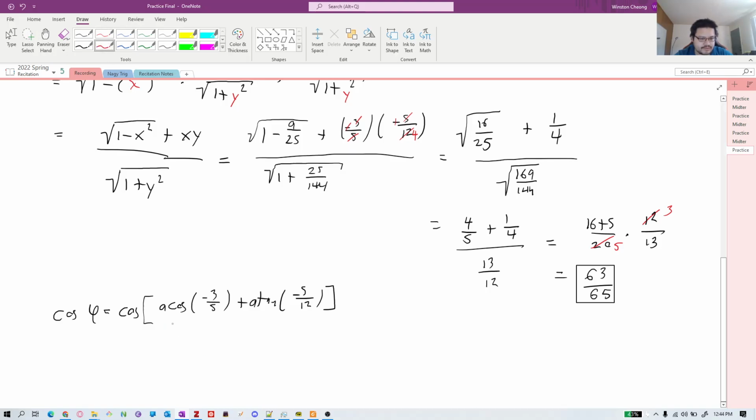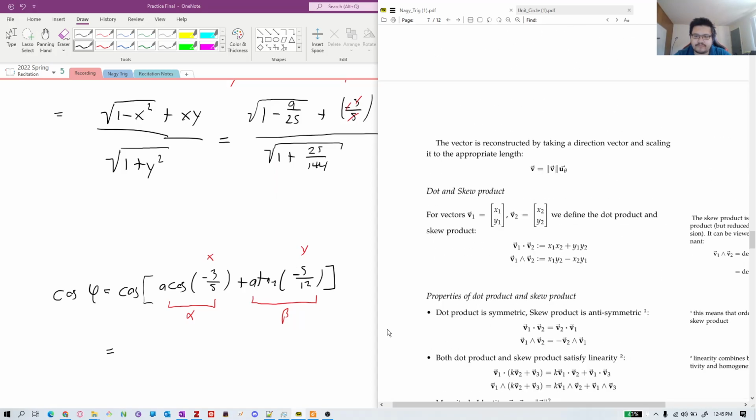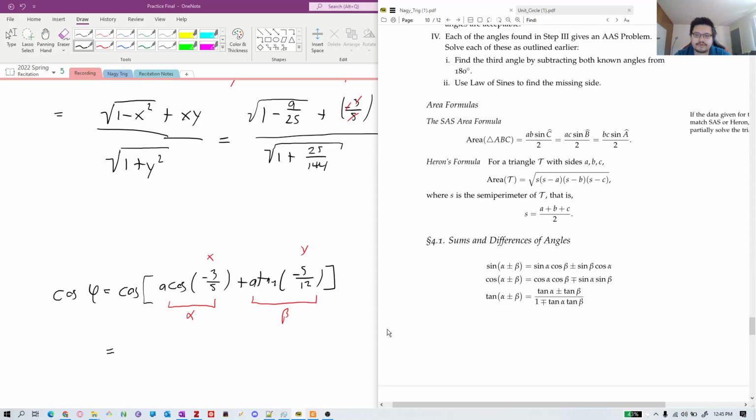And let's do as we did above. We call this whole thing alpha. We call this whole thing beta, and we'll see if we can simplify the expression as we work with things. I'm going to let that fraction be x and that fraction be y. Okay. Right, so now you see this is cosine of alpha plus beta, so this is another angle sum formula, which is down here somewhere.